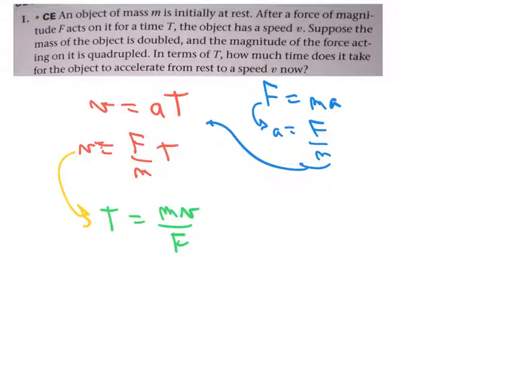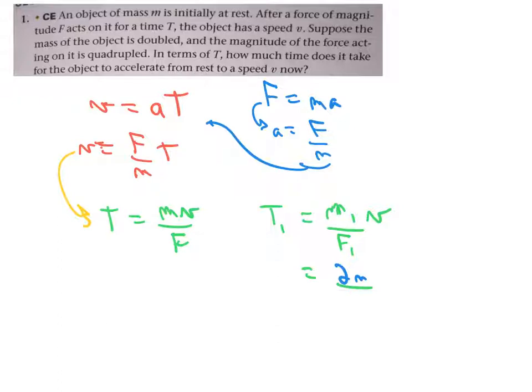All right, so then if we say that our new time, which I'm going to call time 1, some other time, is going to be the mass at that other time over the force at that other time times the velocity. But we know stuff because we know that m1 is twice, so this is really 2m, where m is our original mass.